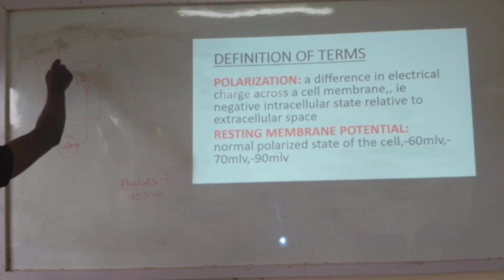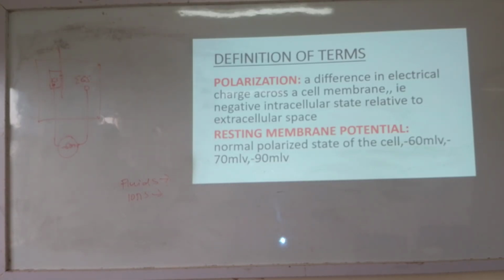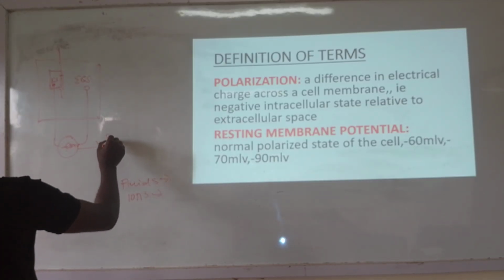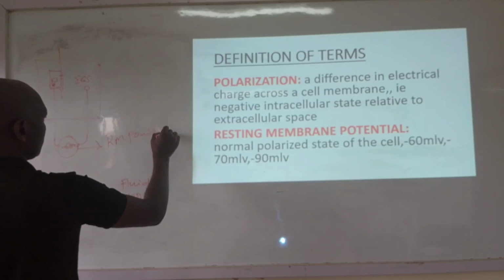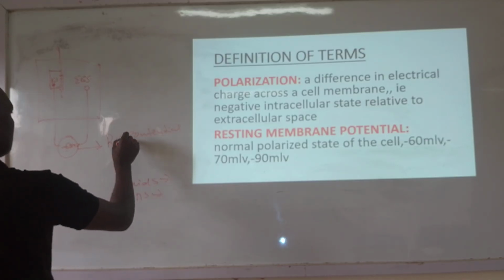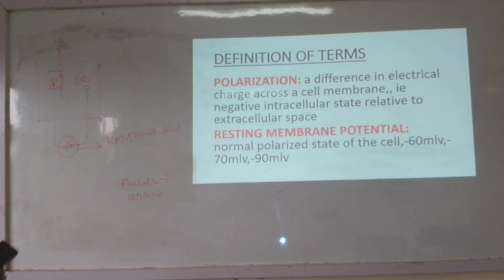And this charge that exists between these two, for example, if it is negative 60 millivolts, then this is what we call resting potential. That is resting membrane potential. So if you connect an electrode on your cell and extracellular space across a cell membrane, you'll be able to read some charges.